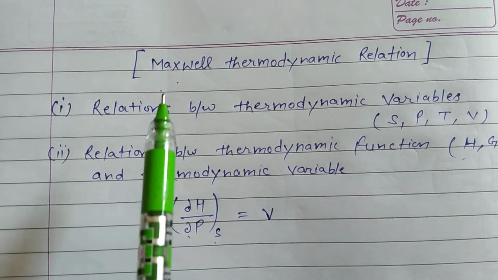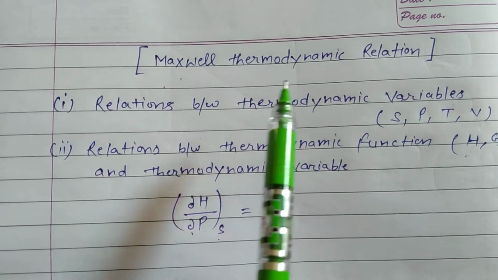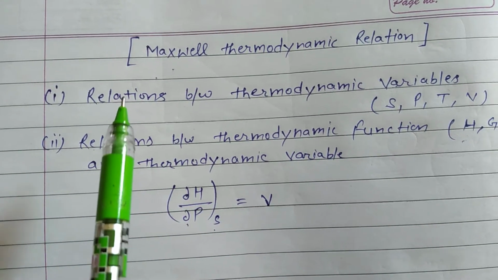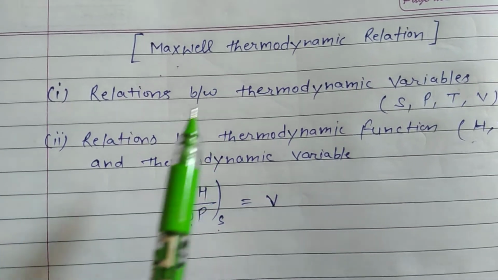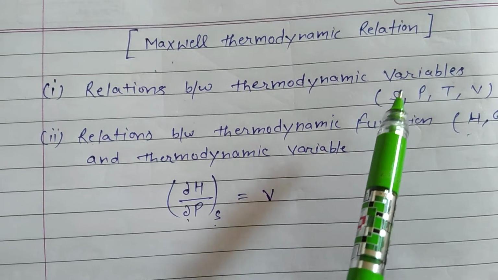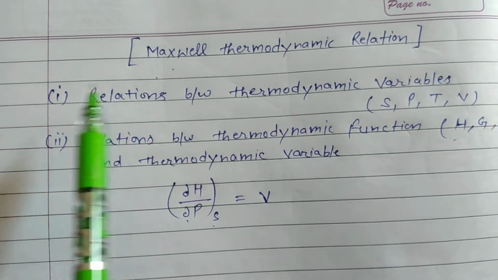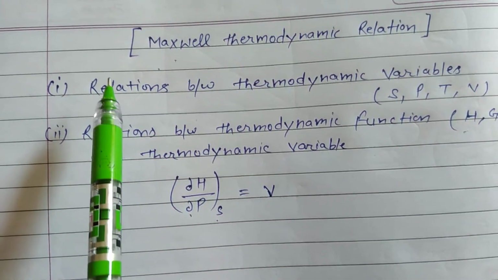Maxwell thermodynamic relations. And as I already told, from Maxwell relations two types of questions can be asked. The one is the relation between thermodynamic variables like entropy, pressure, temperature and volume. This part I have already covered in my previous video.